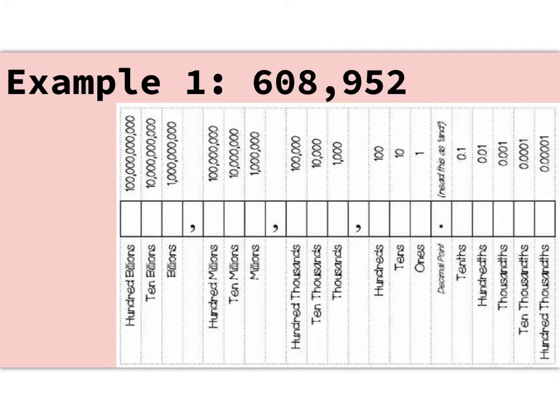So using our place value chart, we have 608,952. And that's how we use the place value chart. We just line the numbers up.